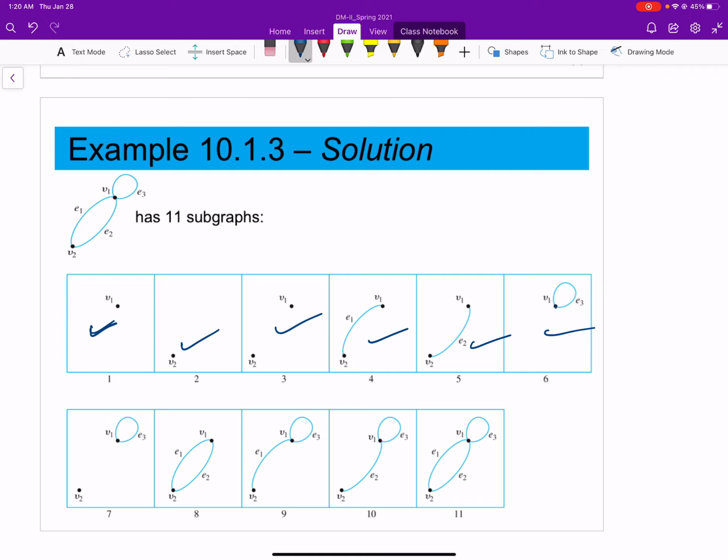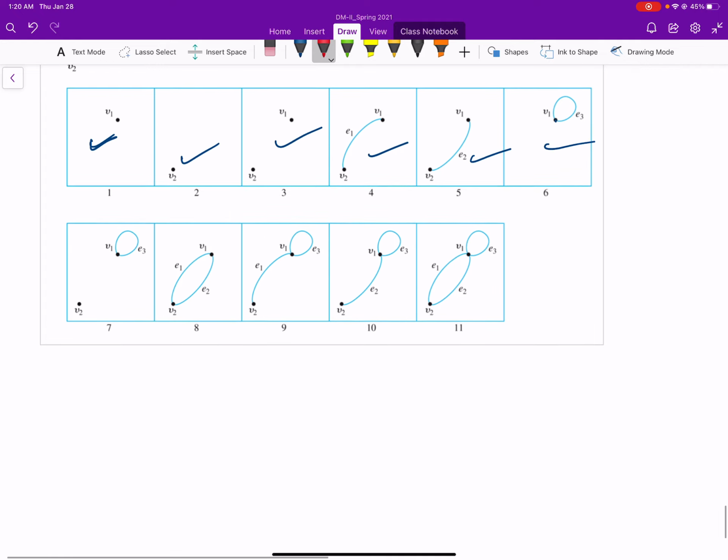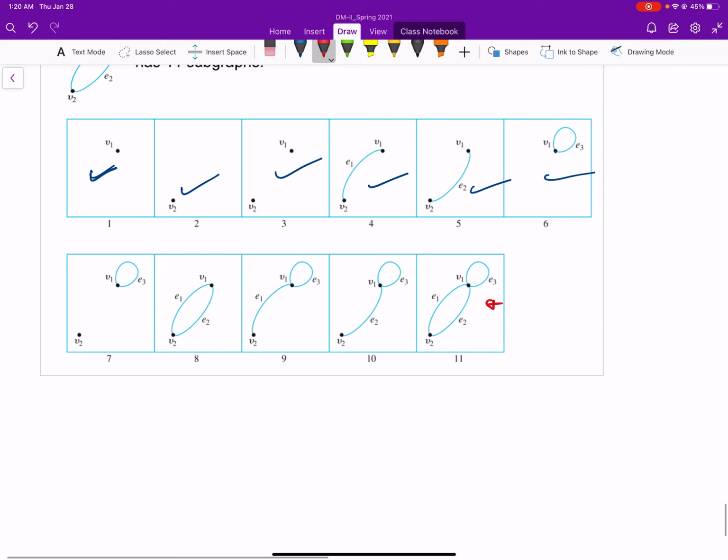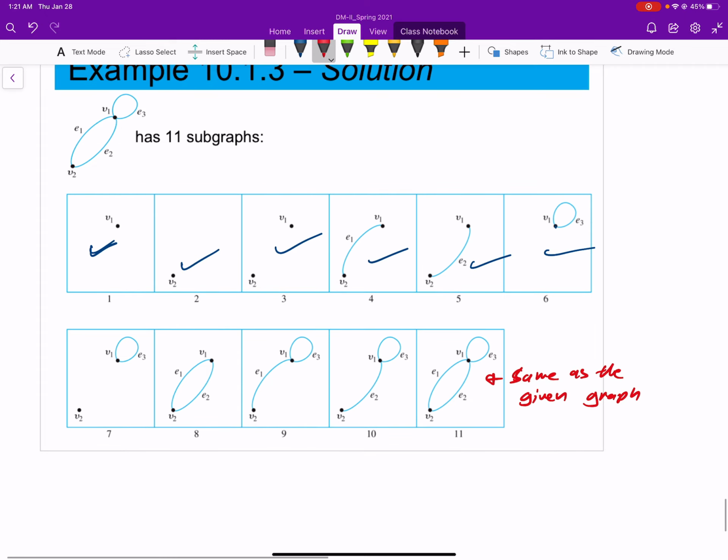All right, so you could write all the 11 subgraphs. If you just keep your eye on the last subgraph, this is same as the given graph.